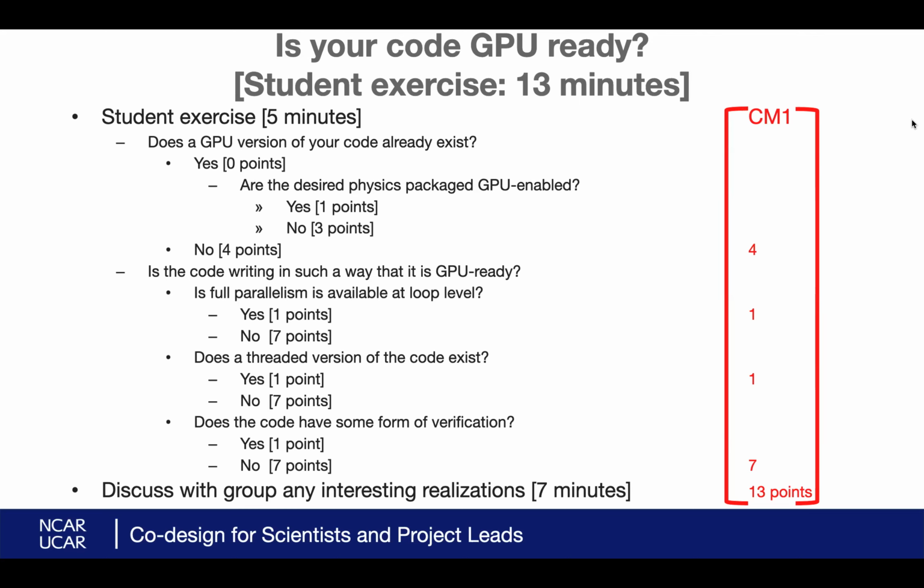Yeah, I think the concern is more that this is a research code that is constantly under development with new parameterizations and new algorithmic advancements. And we want to maintain the accessibility of the code.